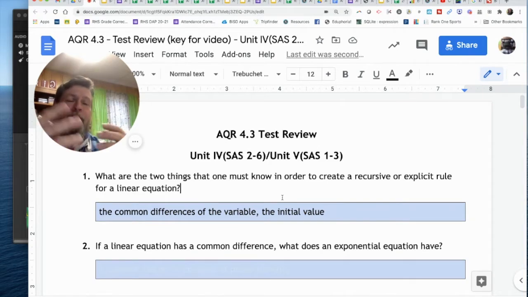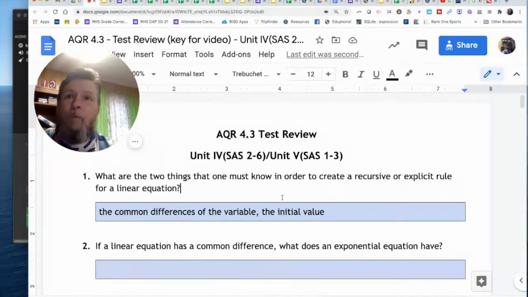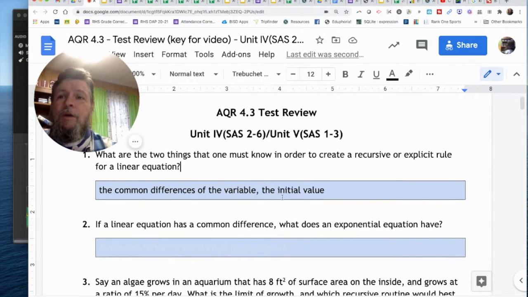That is our y value when we haven't added anything. So let's say we started with $250 and we're going to add $50 every month. In 1 month, we'll have $300, in 2 months $350, 3 months $400, and so on. So it's very important to know those two things.